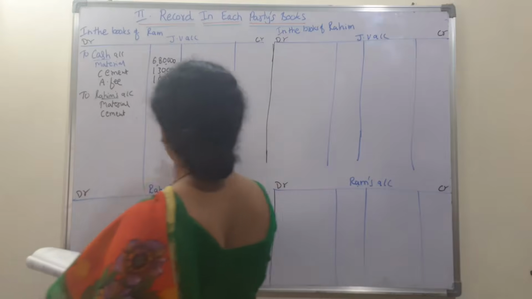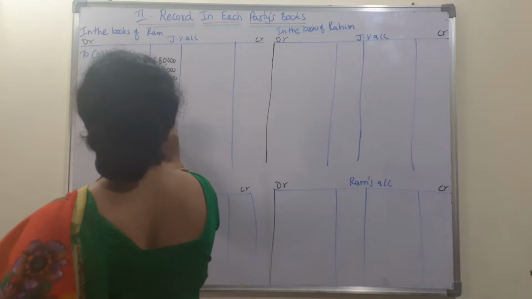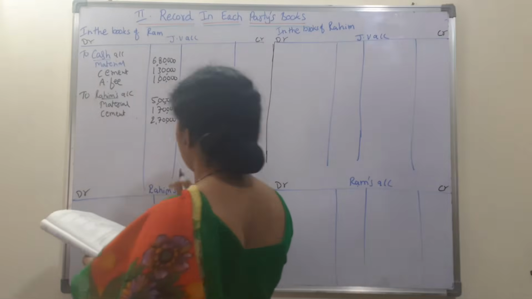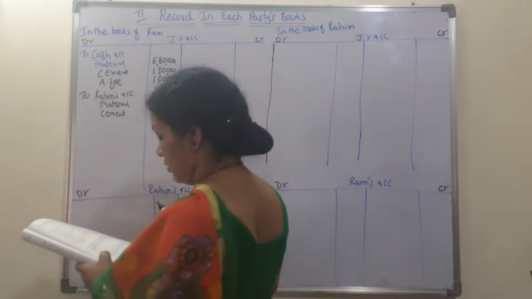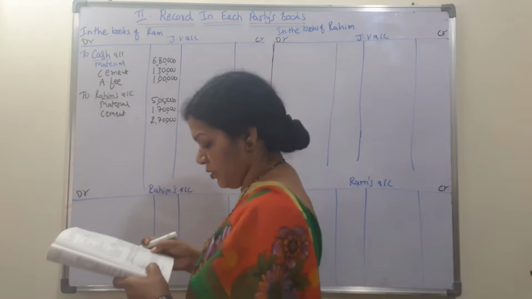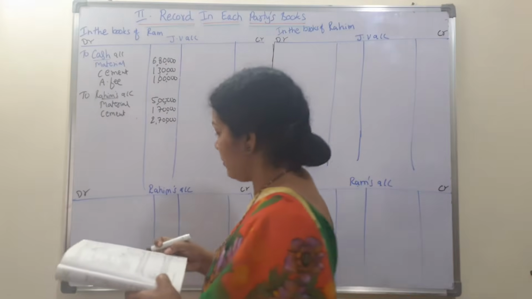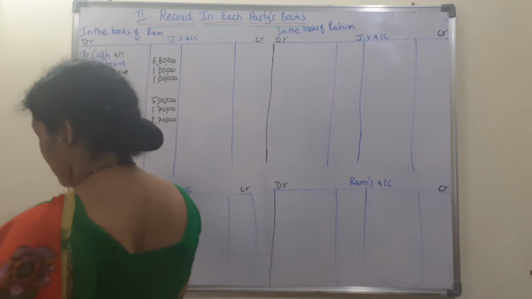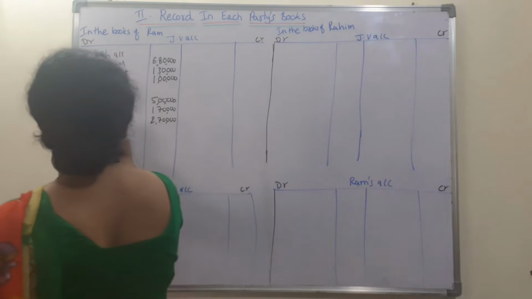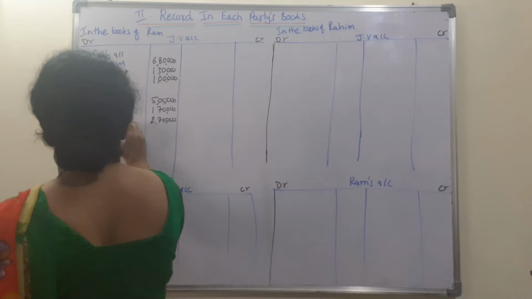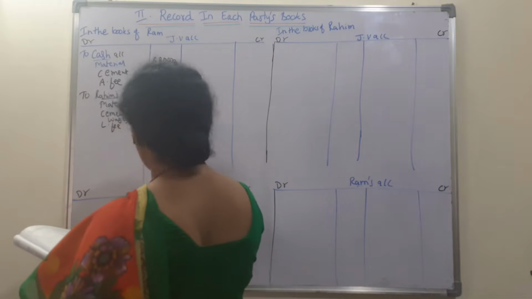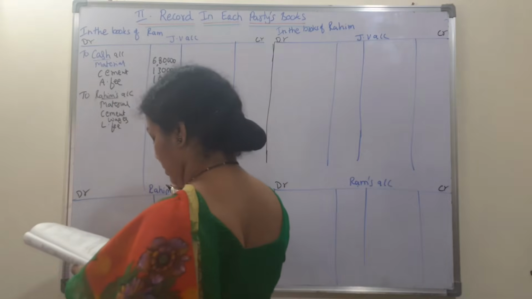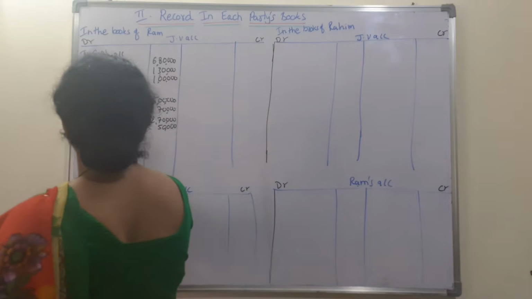Then wages, 2 lakh 70,000. Next architect fee is not there, but license fee is 50,000. Then plant is 2 lakh.